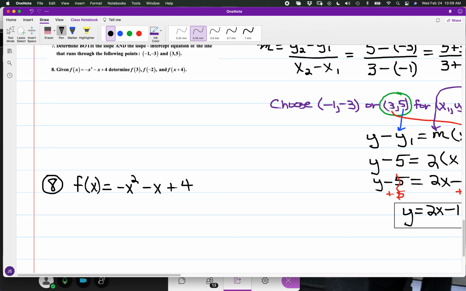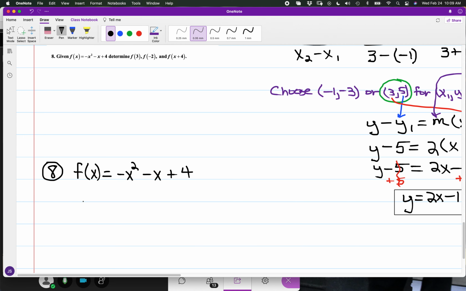So you have f of x equal to negative x squared minus x plus 4. Now I'm looking for f of 3, as well as f of -2.